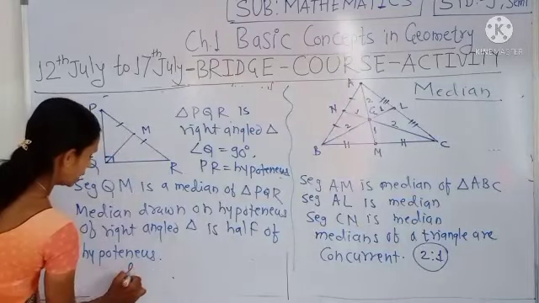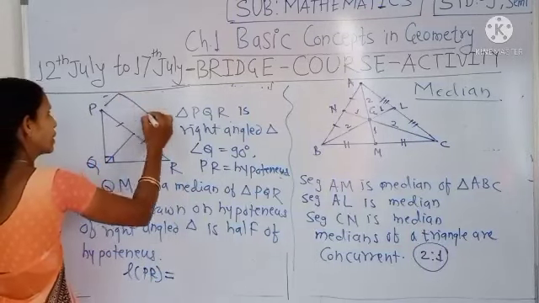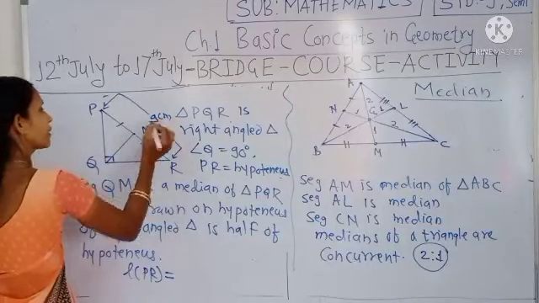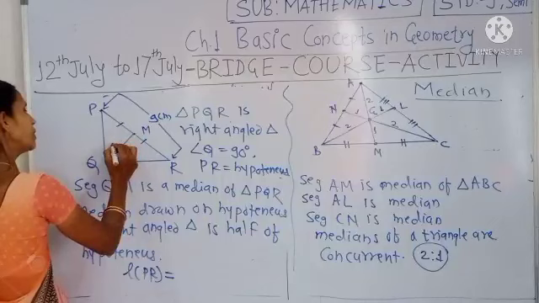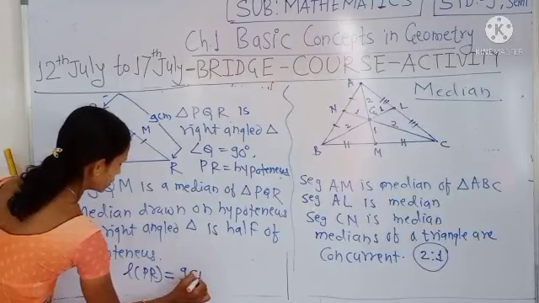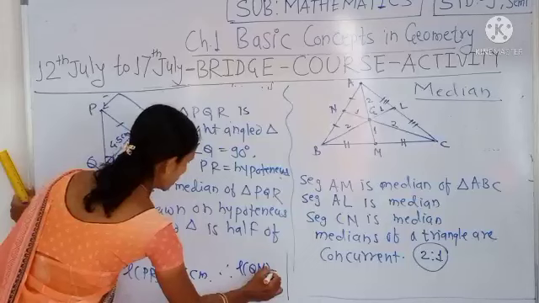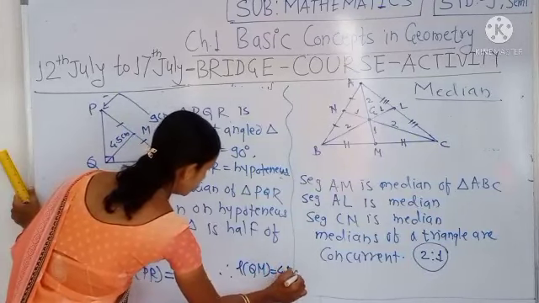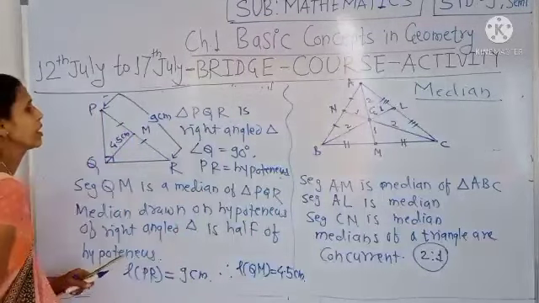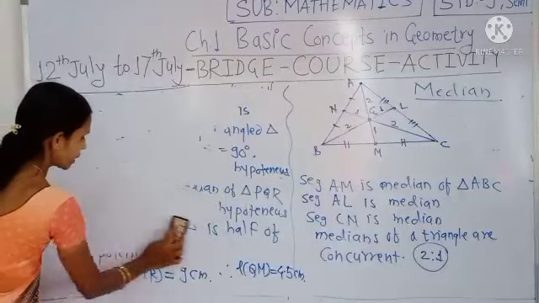If length PR is given as 9 centimeter, then QM is 4.5 centimeter. If PR is 9 centimeter, therefore the length of QM is 4.5 centimeter. That is about the median and altitudes of triangles.